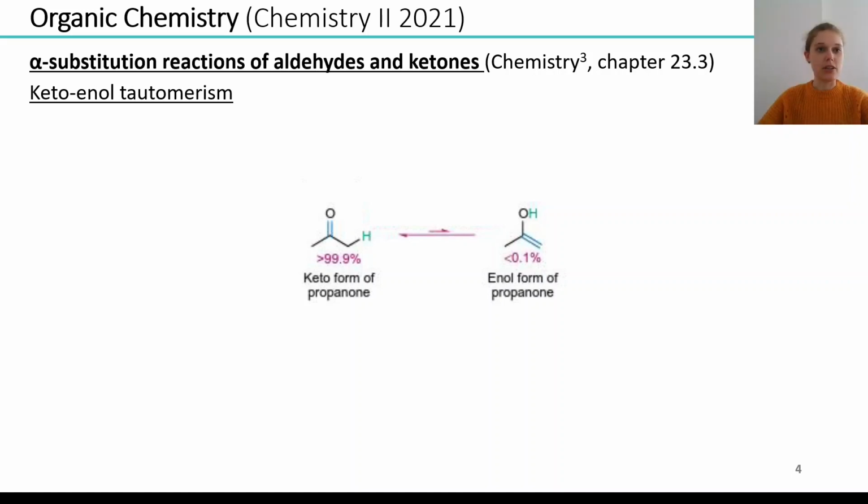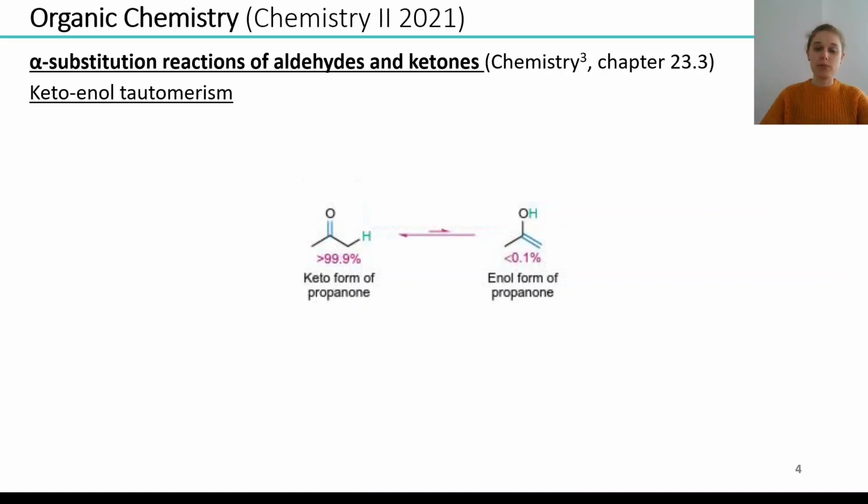The interconversion of the keto into the enol form is called keto-enol tautomerism. And at room temperature and neutral pH value, this interconversion is relatively slow. So to increase the rate of the keto-enol tautomerism, either an acid or base catalyst can be used.